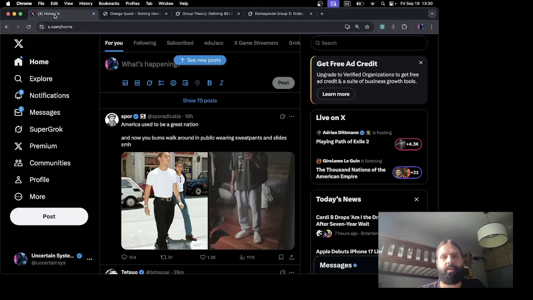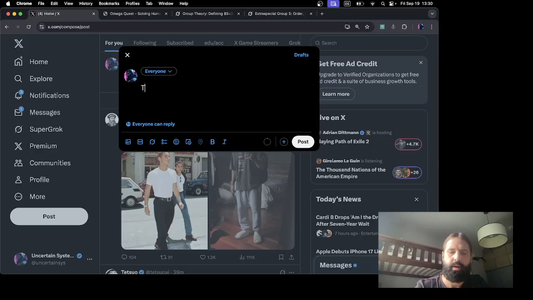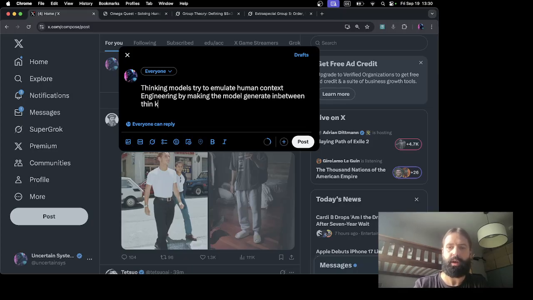I think this is interesting, right? Because thinking models try to emulate human context engineering by making the model generate in-between thinking, text that is used as extra context.